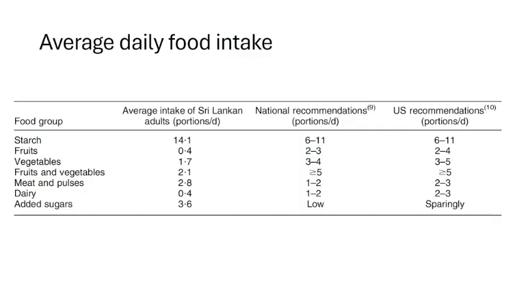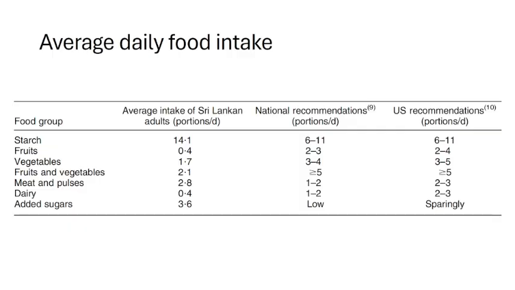And so you can see that in patients in this study, they ate more starch compared to what is recommended in the national recommendations. They also ate fewer fruits and vegetables compared to what is recommended. And they ate more meat and pulses compared to what is recommended. There's also a very low amount of dairy intake in the participants that they surveyed.